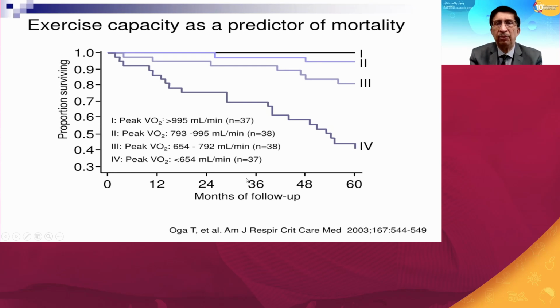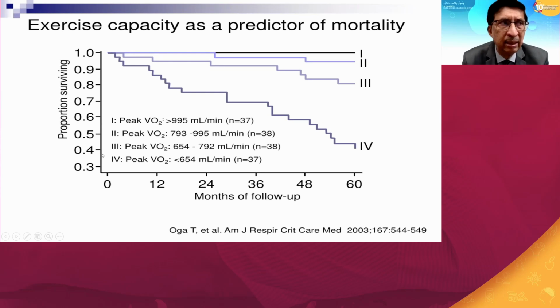And look at the follow-up in this paper from 2003, over a 60-month follow-up, the rapid decline in the proportion surviving. Those with GOLD 1 and 2, almost 90% are still alive. But if you look at GOLD class 4, you find only 40% survival.